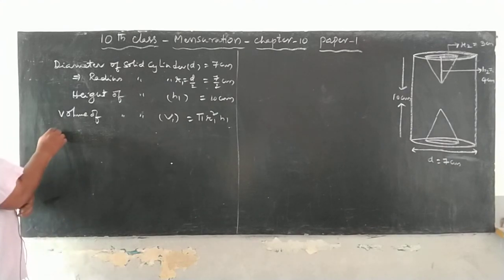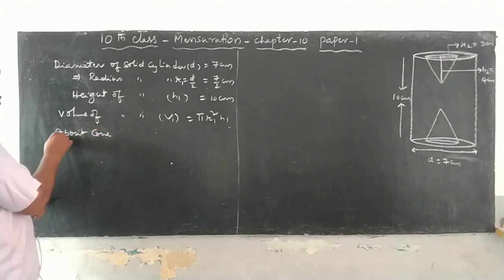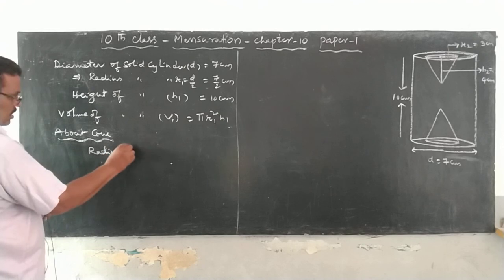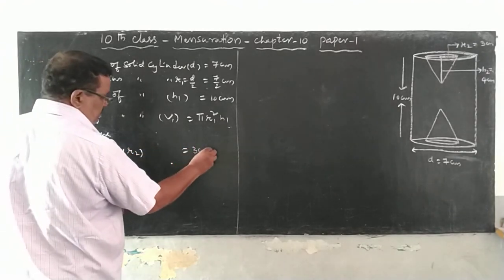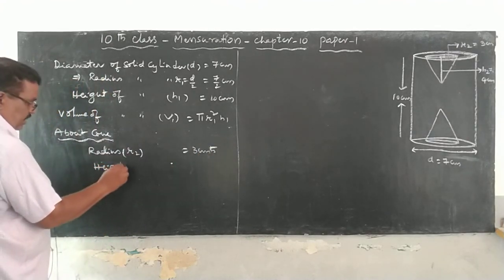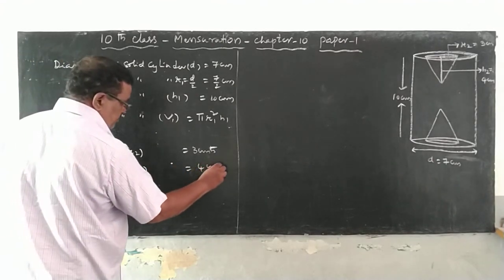Now, about the cone. Radius R2 is equal to 3 centimeters, children. Height, that is taken as H2, is 4 centimeter, children.